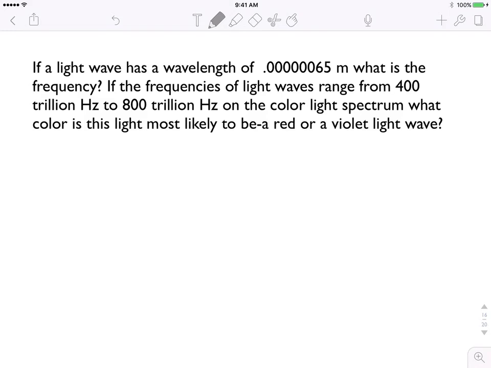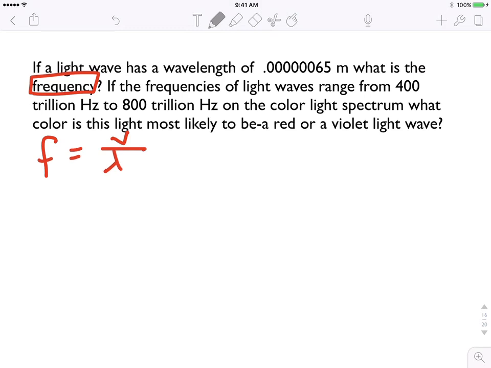All right, so let's first figure out what the frequency is. We're going to use our wave equation, right? And we're solving for frequency, so f is equal to v over wavelength.